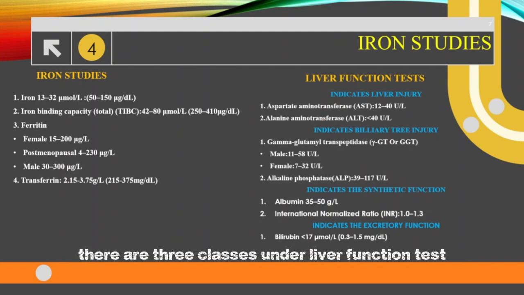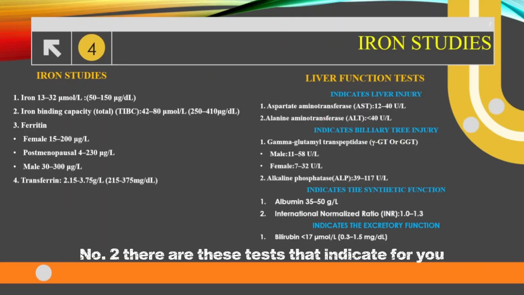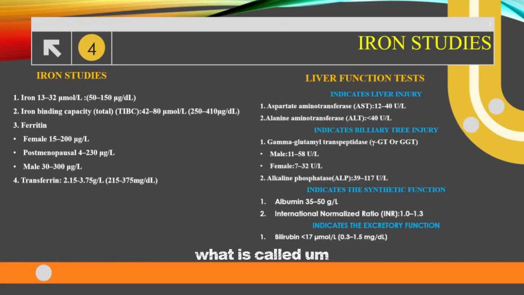There are three classes under liver function tests, and you have to be very specific when they ask you, can you tell us about the liver function tests? Number one, there are tests or results that can indicate liver injury or liver cell injury. Number two, there are tests that indicate the synthetic function of the liver.